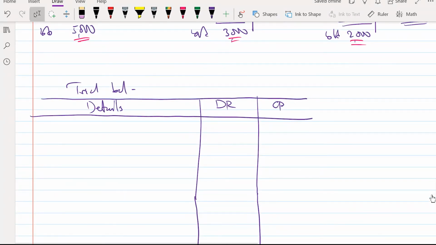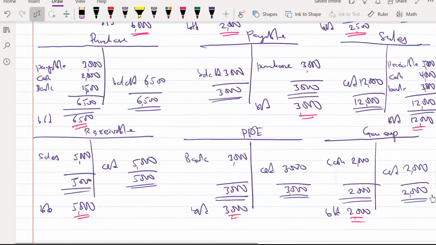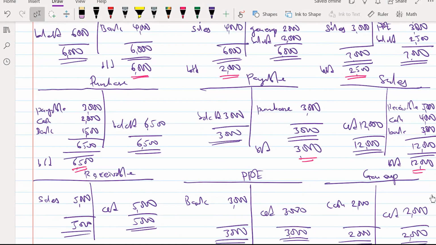So the first we have is capital. Our capital was on the credit side, which is 6,000. Then we have cash, on the debit side, which was 2,000. We have bank as well. Bank was on the debit side, which was 2,005. Of course, those figures I could remember then, 6,000, 2,000, 2,005.